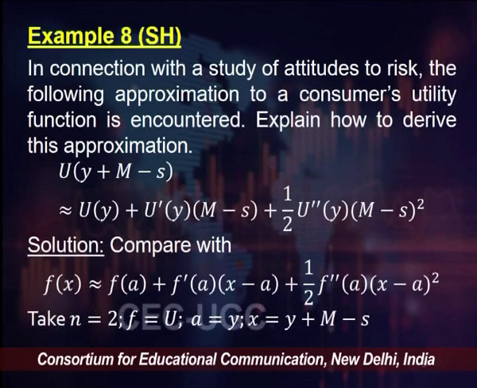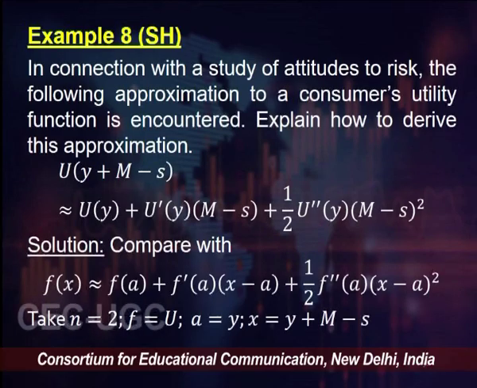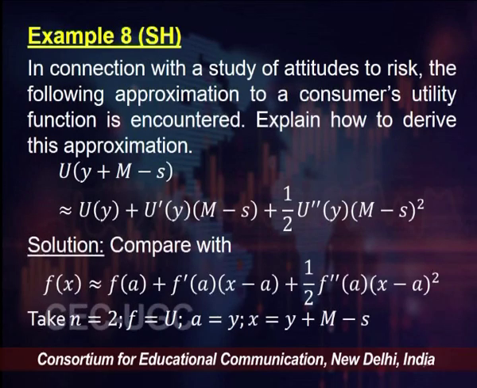So, the utility function is given by u, and without getting into the details of these terms, we have this approximation. We are here just going to be concerned about the way we get this approximation, which is exactly what the question asks you to explain. Explain how to derive this approximation.